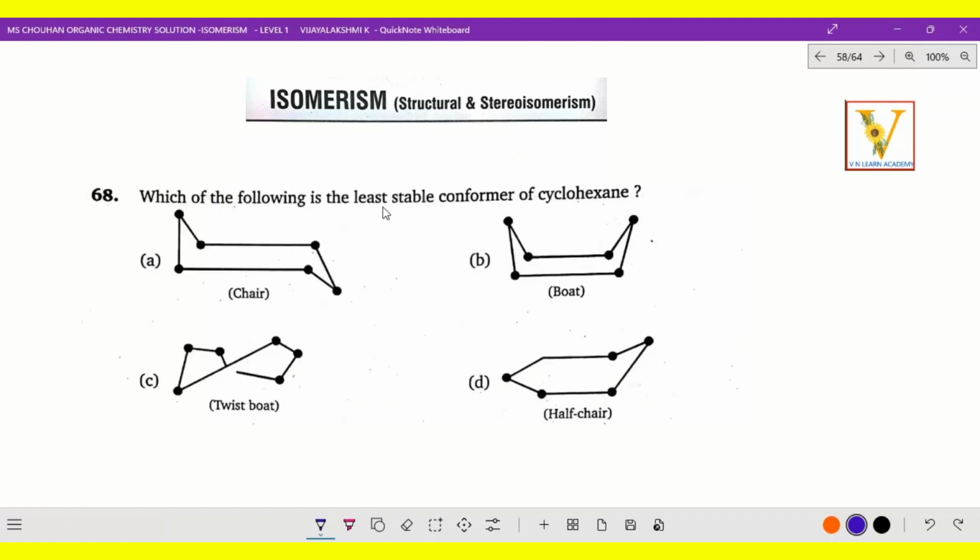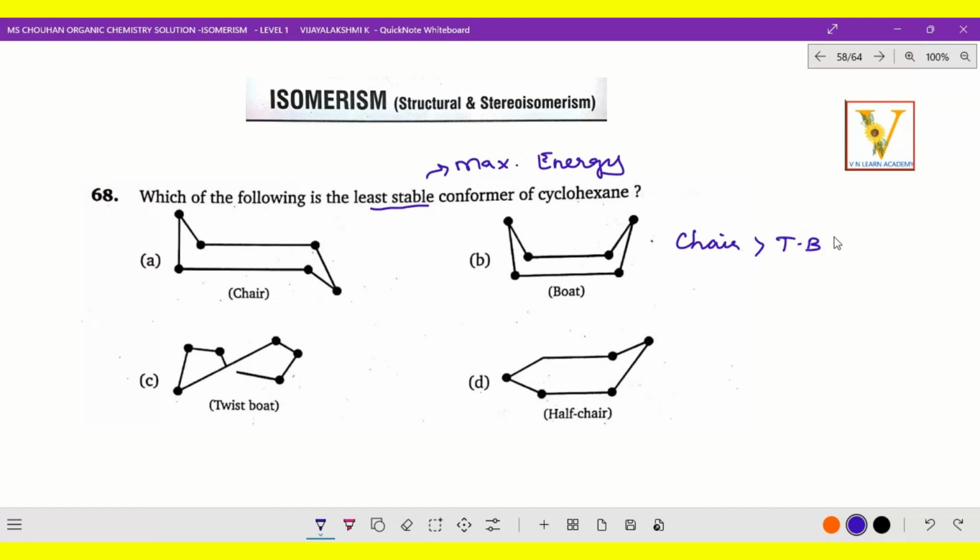Which of the following is the least stable conformer of cyclohexene? Least stable usually means maximum energy. So we can identify the priority order: chair form is greater than twist boat. They have given chair form, boat, twist boat, and half chair.